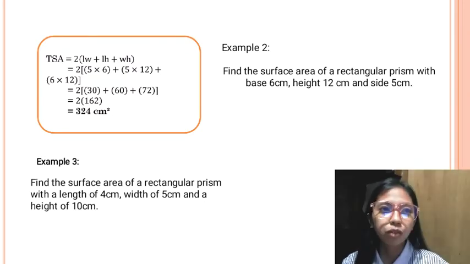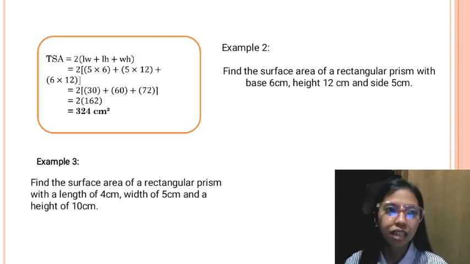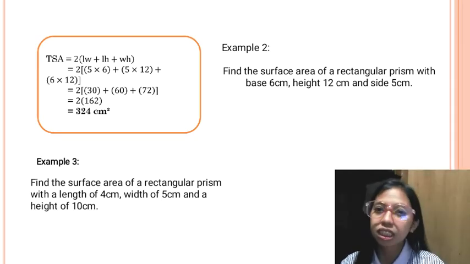we will derive the equation 2 times 5 times 6, in parentheses, plus 5 times 12, also in parentheses, plus 6 times 12.